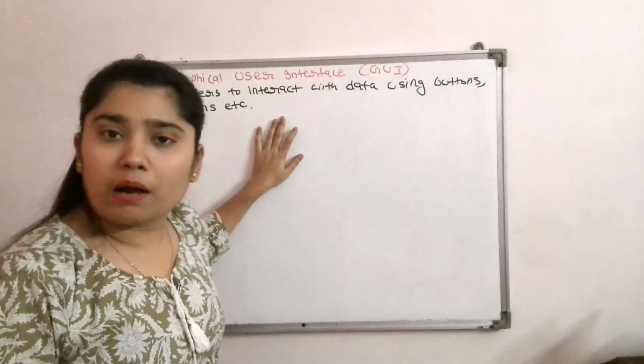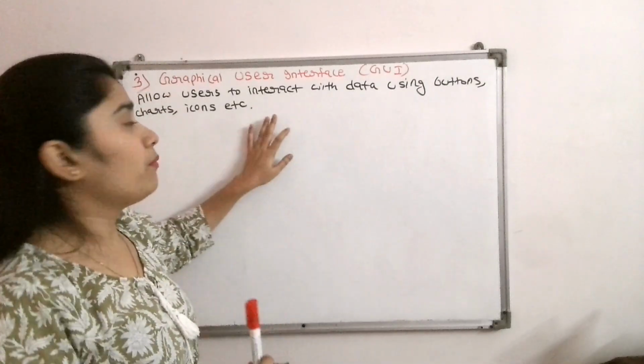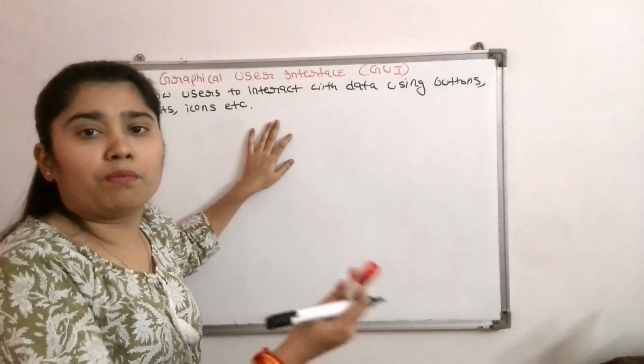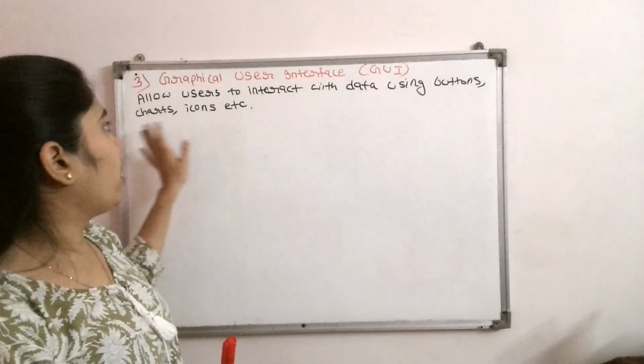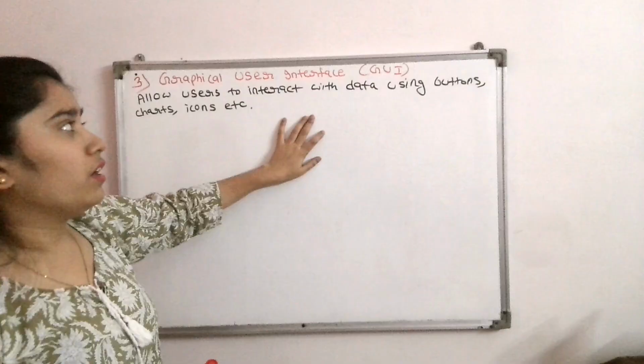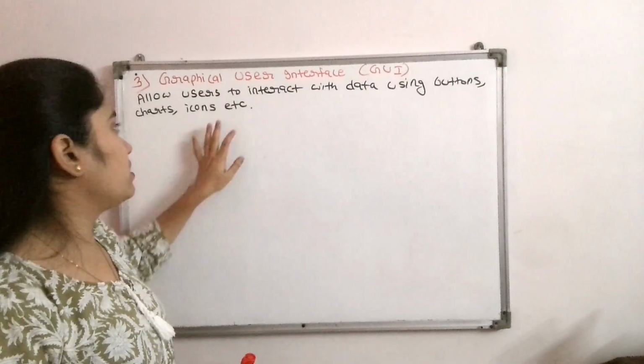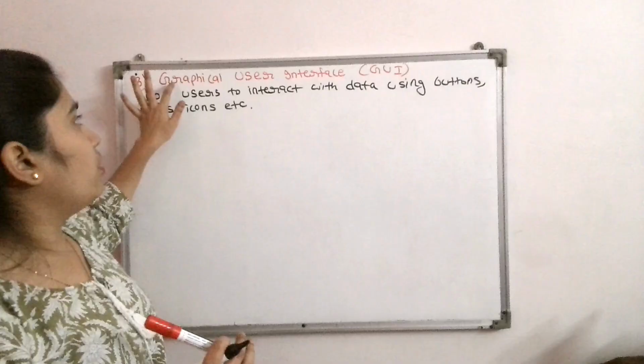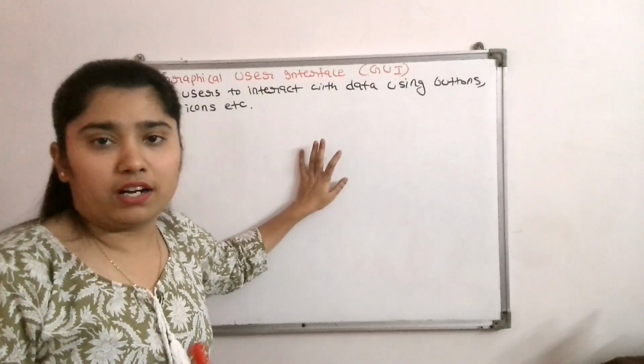You do not need any commands. You can just click with the help of a mouse or any pointing device so that your operation gets performed. Okay, it allows the users to interact with the data using buttons, charts and icons. It is a visual type, as the name suggests, a graphical user interface.